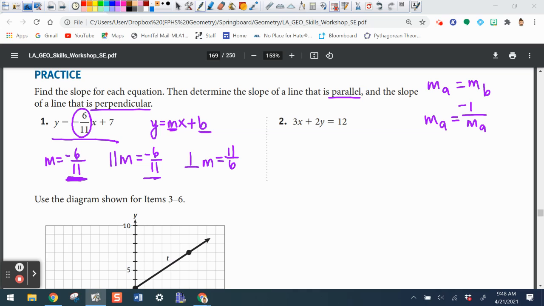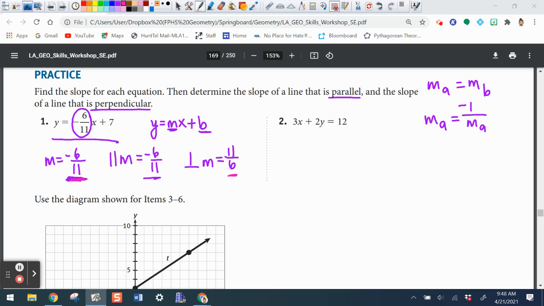Just a quick math reasoning here of why the perpendicular slope is 11 over 6. When two lines are perpendicular, their slopes should be able to multiply and produce the number negative 1, hence the term opposite reciprocal.